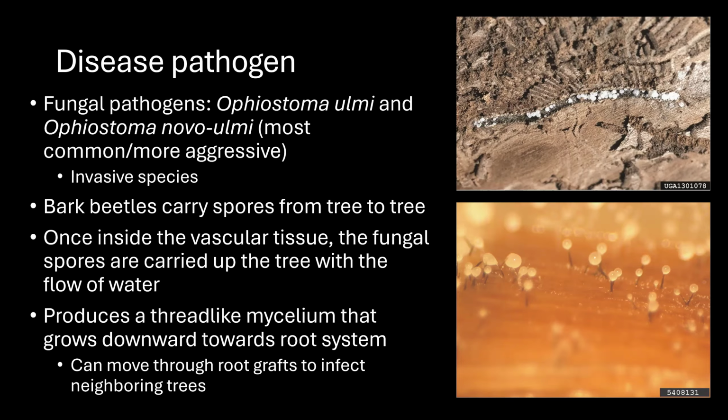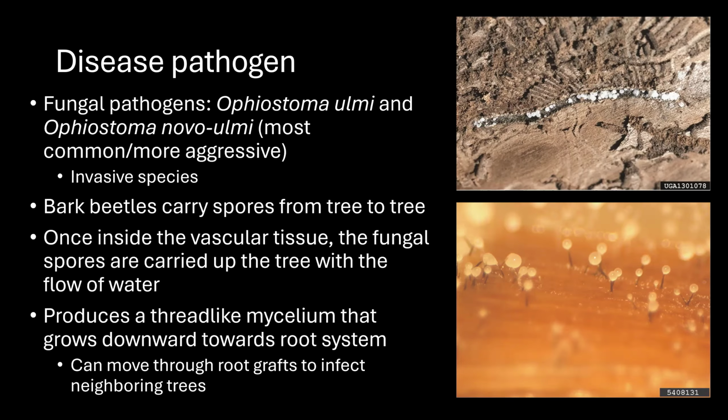And unfortunately, when you get this fungus into that network, not only is it impacting the tree it's already infecting, but now its spores, its fruiting bodies, are going to go to the elm trees that are nearby. This is why it can be so destructive, because of how easily it can transfer from tree to tree. Once you get that infection through that root graft, it's going to be quick. You're going to get decline of that tree pretty fast, unfortunately.